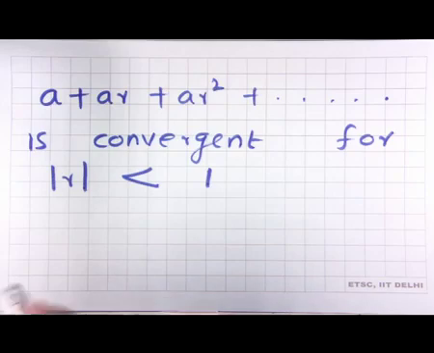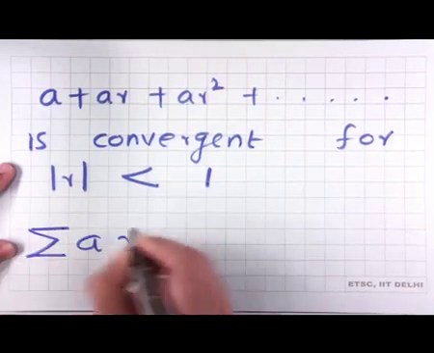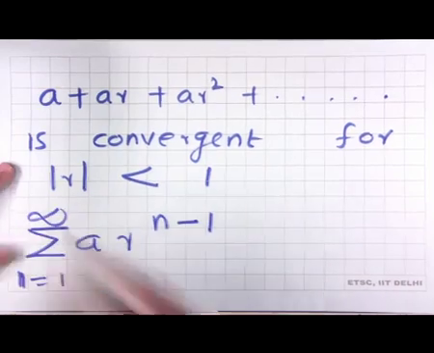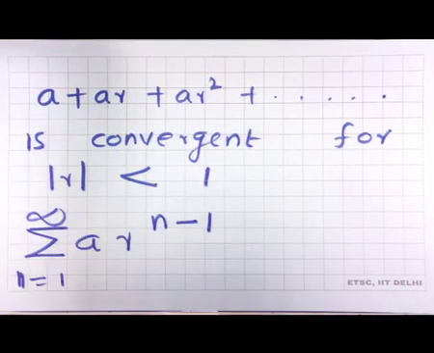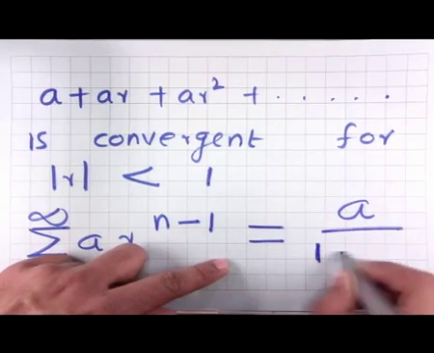In case of convergence, summation of a r power n minus 1, n equal to 1 to infinity, is a by 1 minus r.